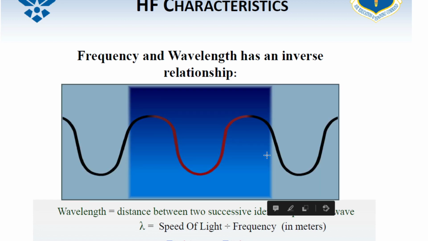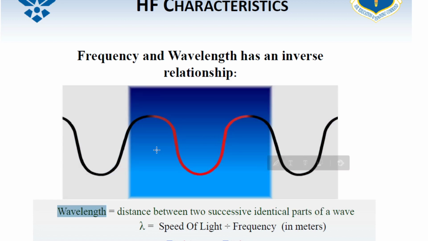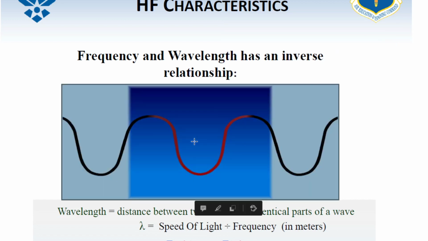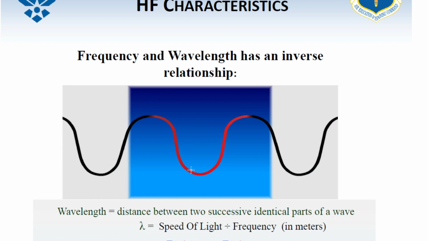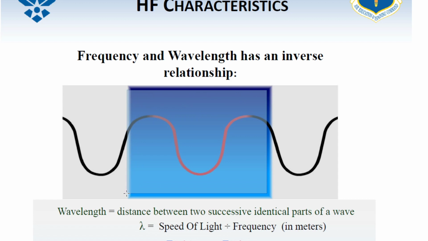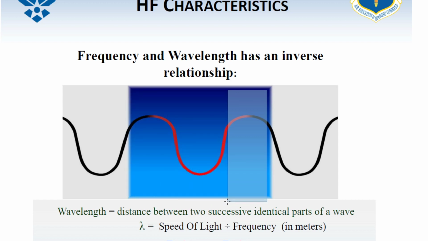Frequency and wavelength have an inverse relationship. What do you guys think that means? That in one is higher and the other is lower. Absolutely. If one goes up, the other goes down. So if this were a higher frequency that we were looking at on the screen, what would happen to the distance between the crest and we'll call it the mound?